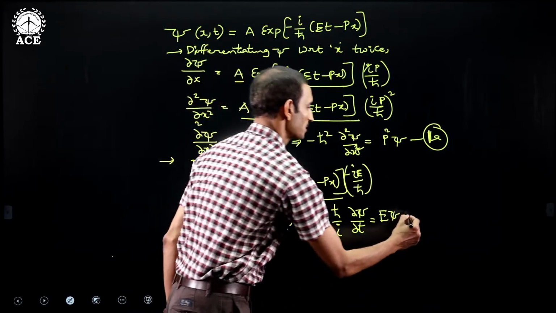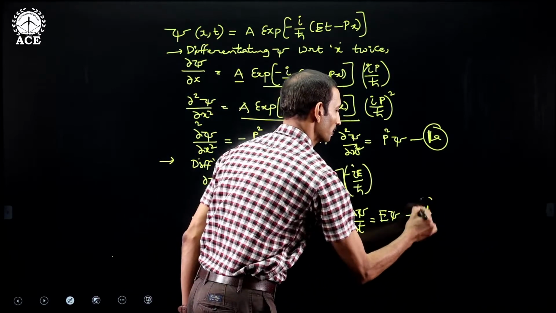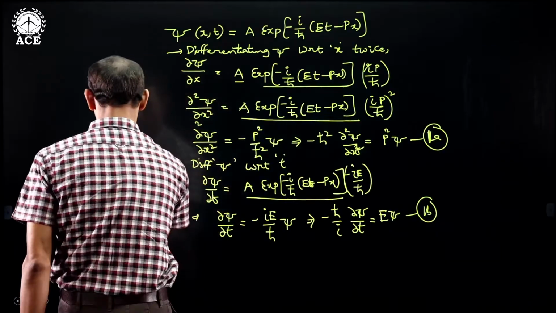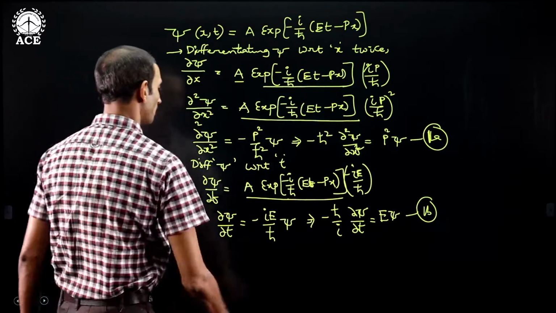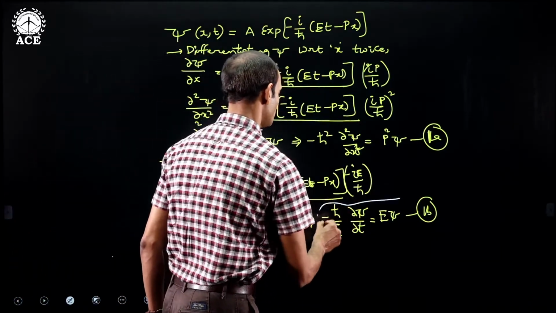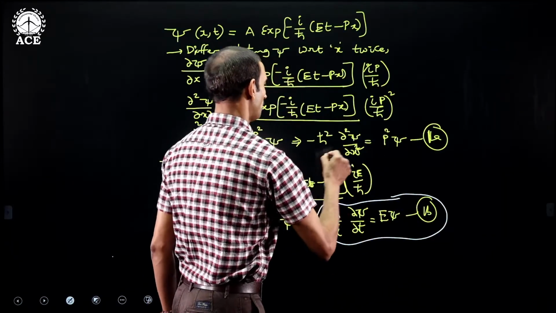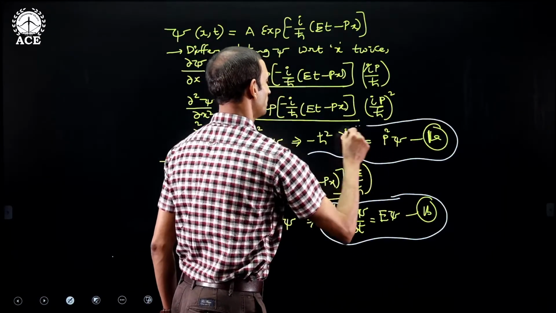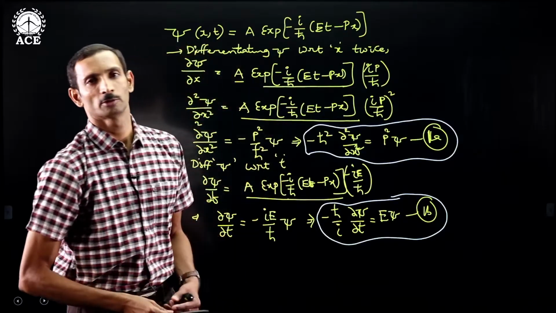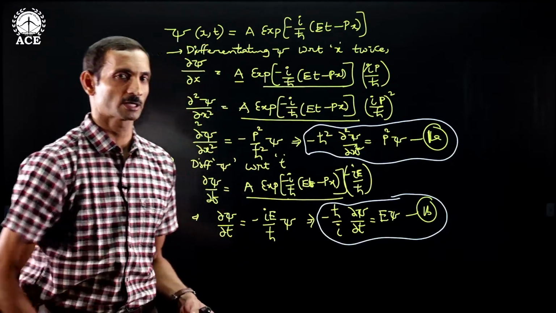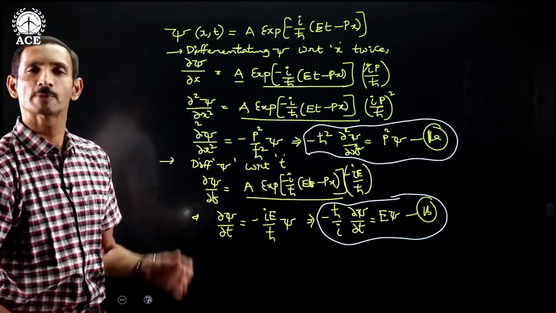So I am going to consider it as equation 1b. So we have 1a and also 1b. This is equation 1b. This one is equation 1a. Why did I do the differentiation twice with respect to x and differentiation once only with respect to t?